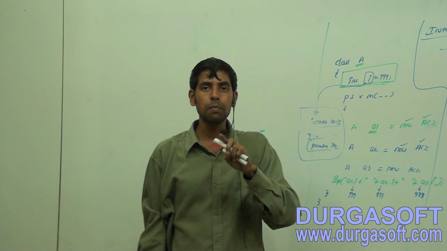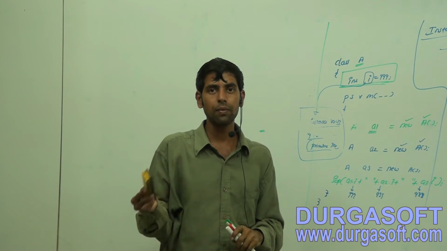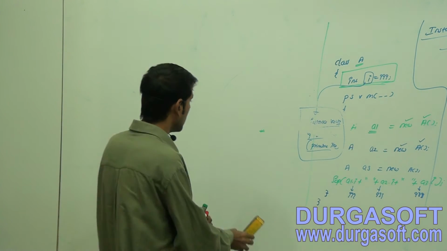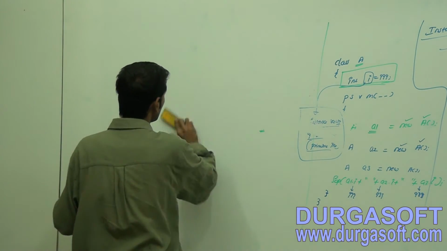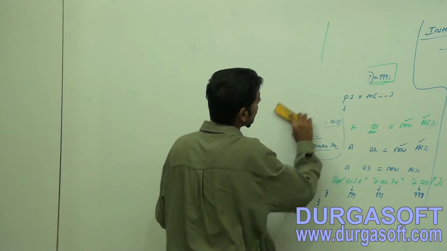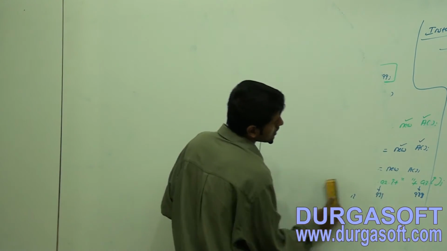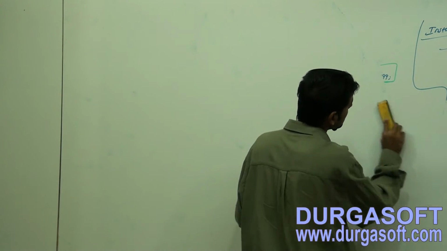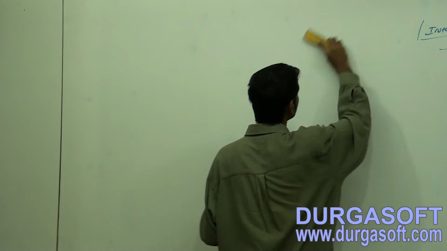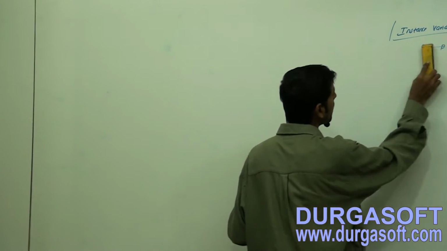A heap area is a dynamic area, friends, which means you can increase your memory size, that is, the object size. That is our collection framework, like ArrayList, all of these collections.